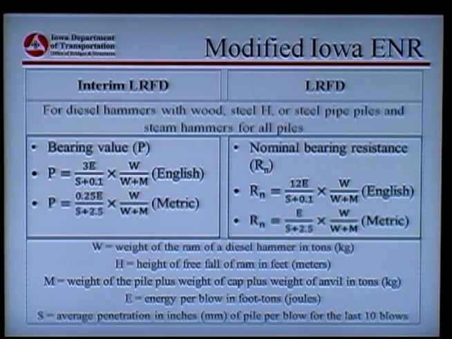If you use a diesel hammer on wood, steel, or pipe piles, as well as steam hammers, again, the formulas that you're familiar with, multiply by 4 and convert to this equation, so the coefficient will become 12. Right, same thing in metric units, 0.25 multiplied by 4, and you have a coefficient of 1.